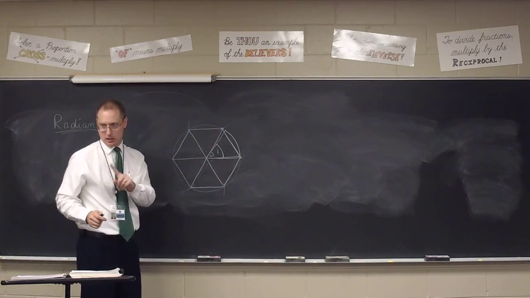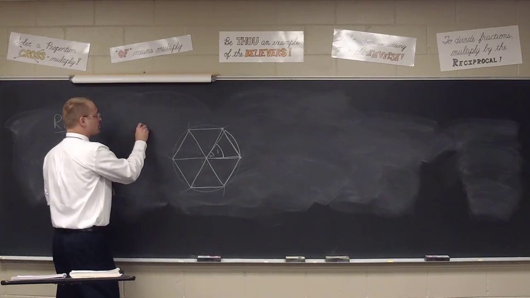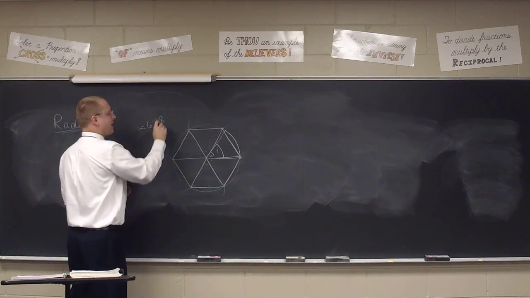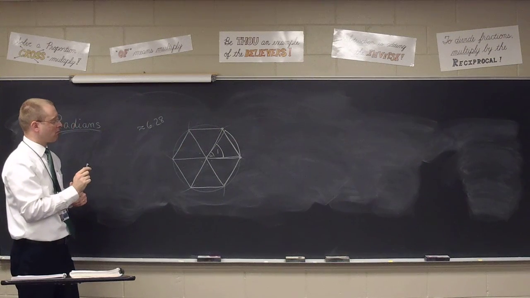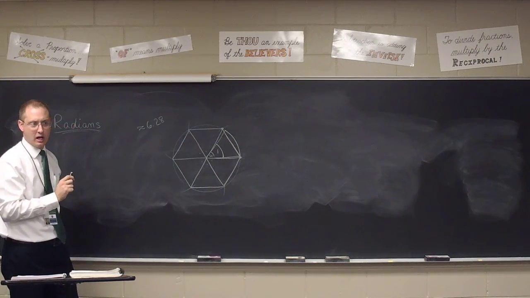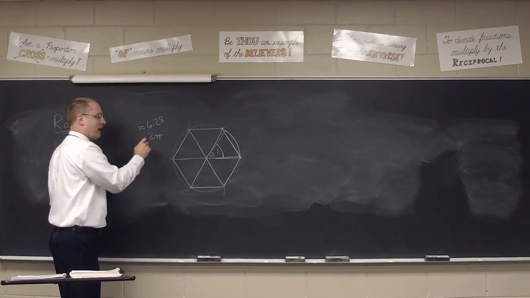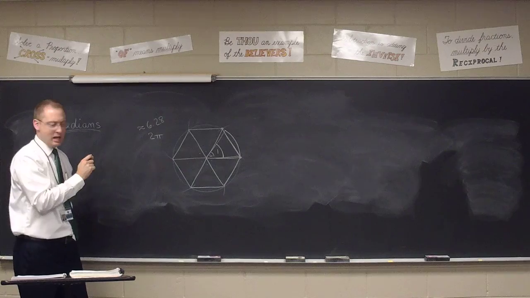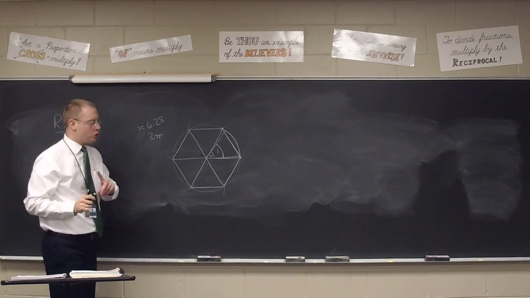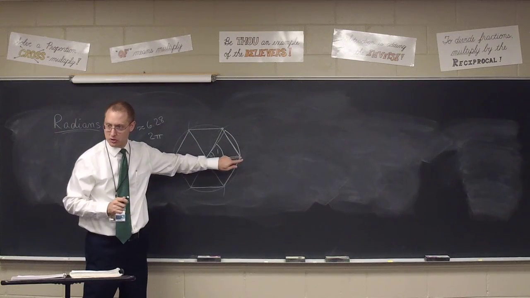But not exactly 6, a little more than 6. Approximately 6.28. Does that number look vaguely familiar? Think back to your junior high days. 2 times pi. It takes exactly 2 pi radians to go all the way around the circle.